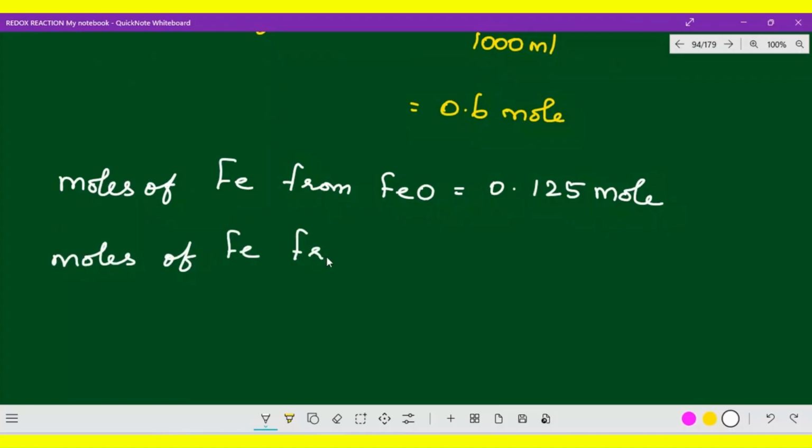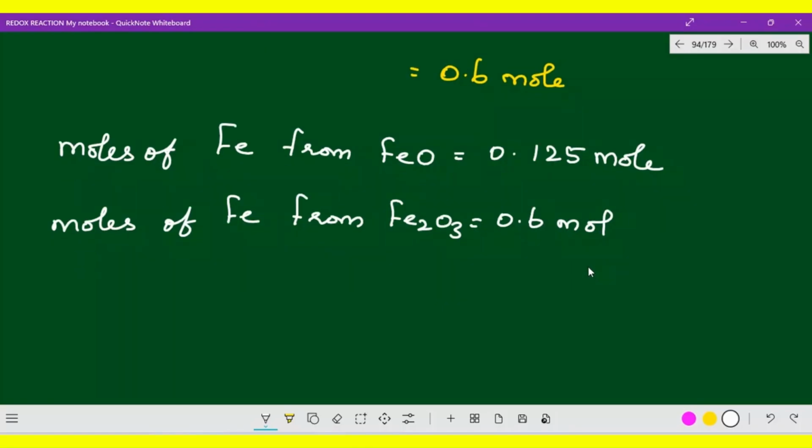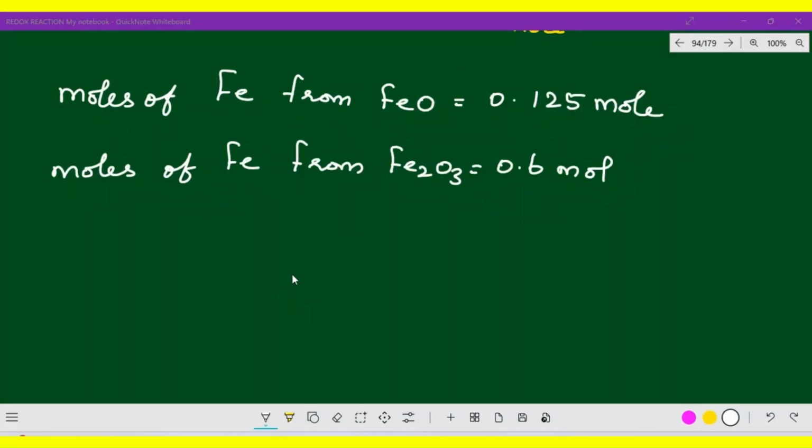So how much are you getting? This is 0.6 mole. So let us identify that final difference here. 0.6 minus 0.125 mole. So you will get 0.475 mole. That is the difference for both, right?